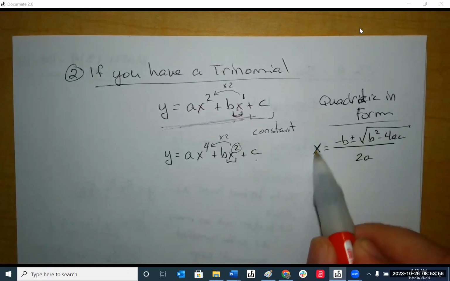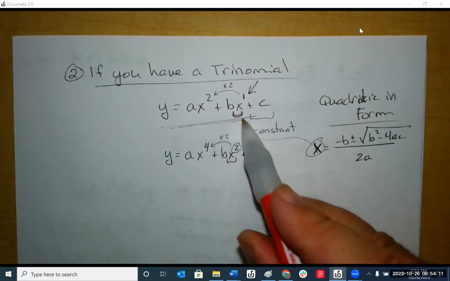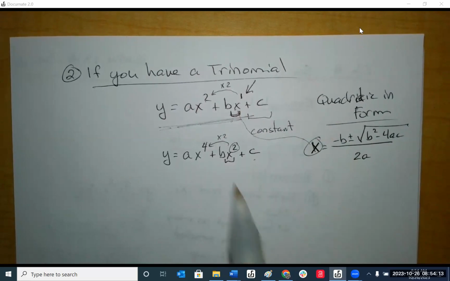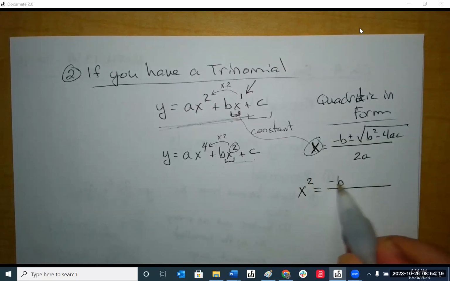Because if you notice, what is the equation solving for? It's solving for the middle variable. This formula solves for the middle variable. That's what the x is talking about. So if I had this type of equation, I would be solving for x squared and the same formula.